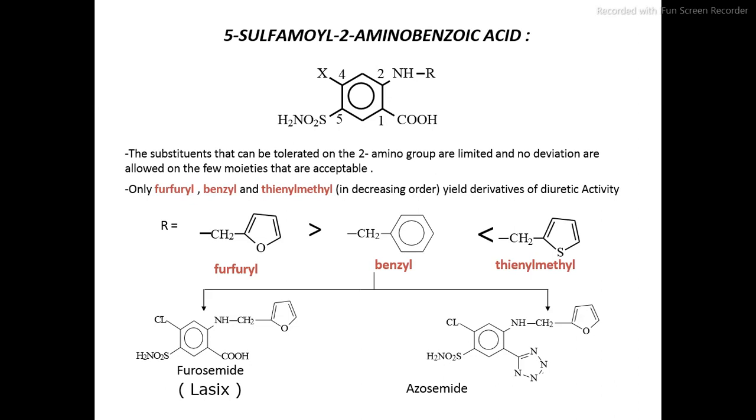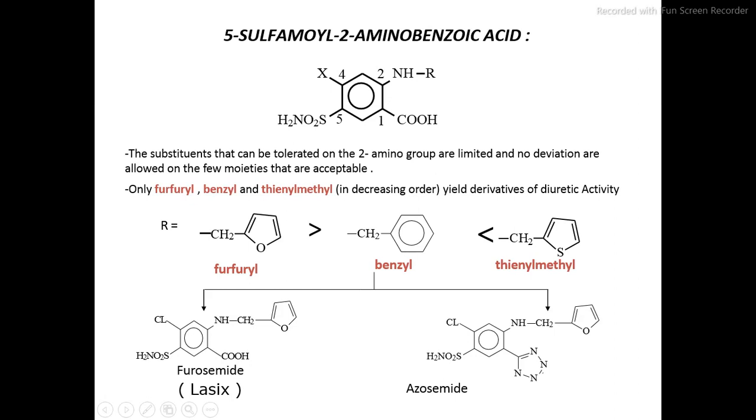But we have only the furfuryl containing compound, that is furosemide, and from furosemide they have developed a new series of compounds, azosemide. In azosemide, the only difference from furosemide is that, instead of carboxylic acid at the first position, they have tetrazole, and that tetrazole is highly polar, providing polarity for the receptor interaction, azosemide.